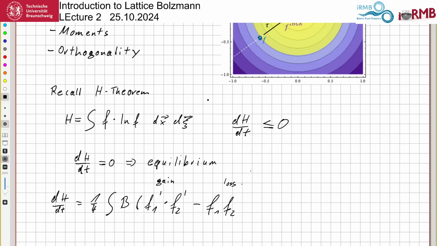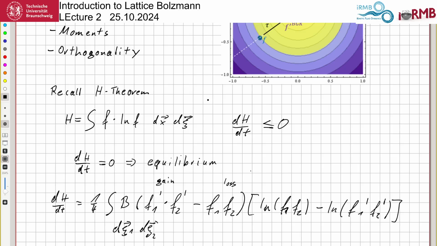This is multiplied by the logarithm of f1 f2 minus the logarithm of f1 dash f2 dash, all integrated over all velocities 1, all velocities 2, all directions, since the direction plays a role in the collision kernel, and all space.